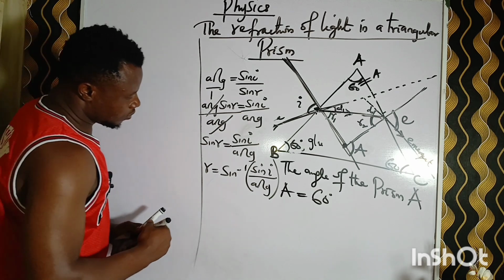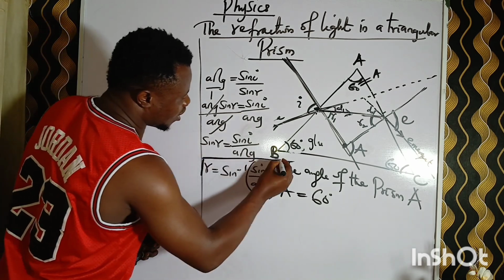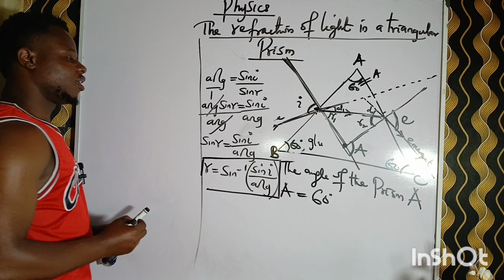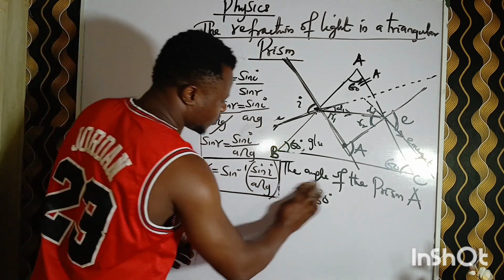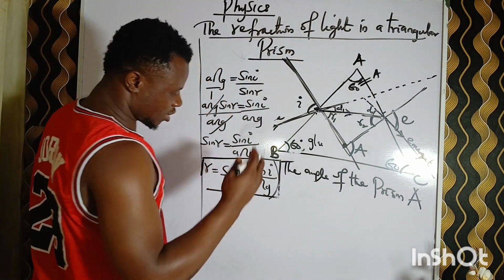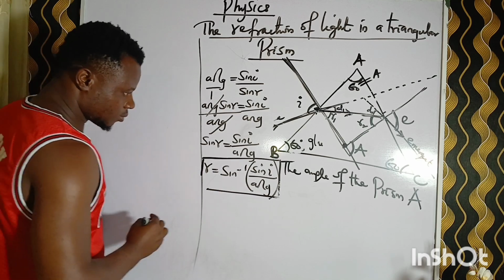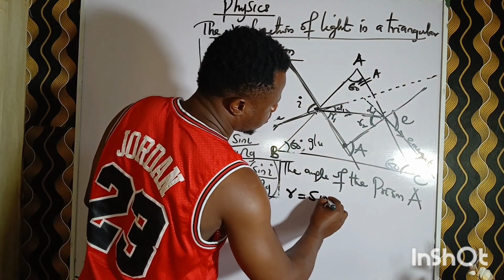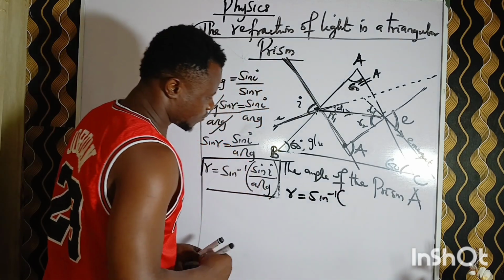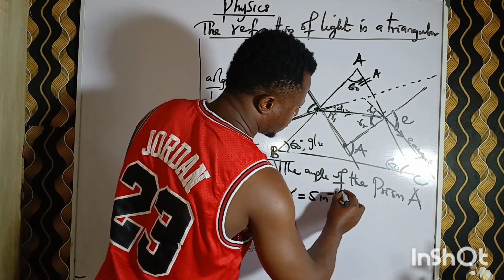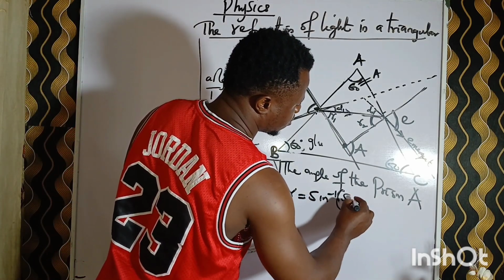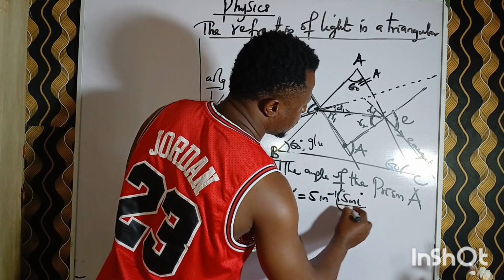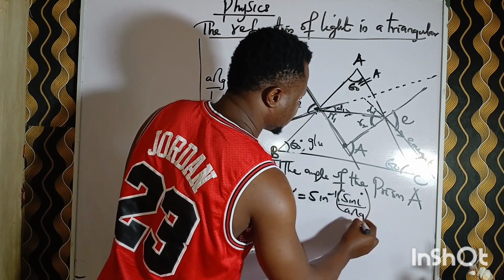So from this formula, which we have proven before in the other days, I can say, so that we can see it very well, our R here is equal to sine inverse of sine of I over air to glass.